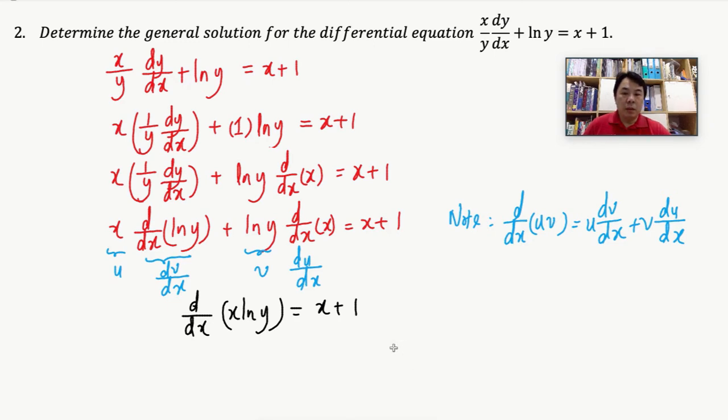And then with a little bit of restructuring, we can write this as d(x ln y) equal to (x plus 1) dx here.